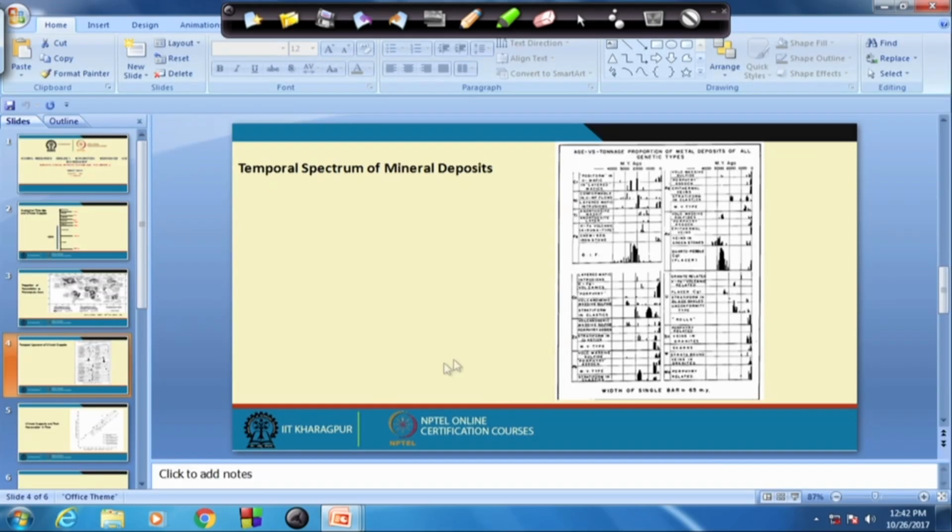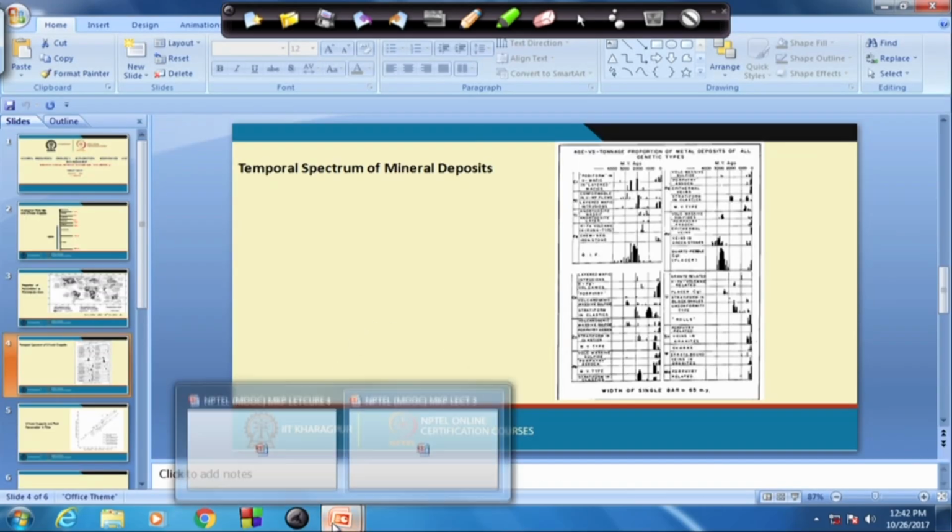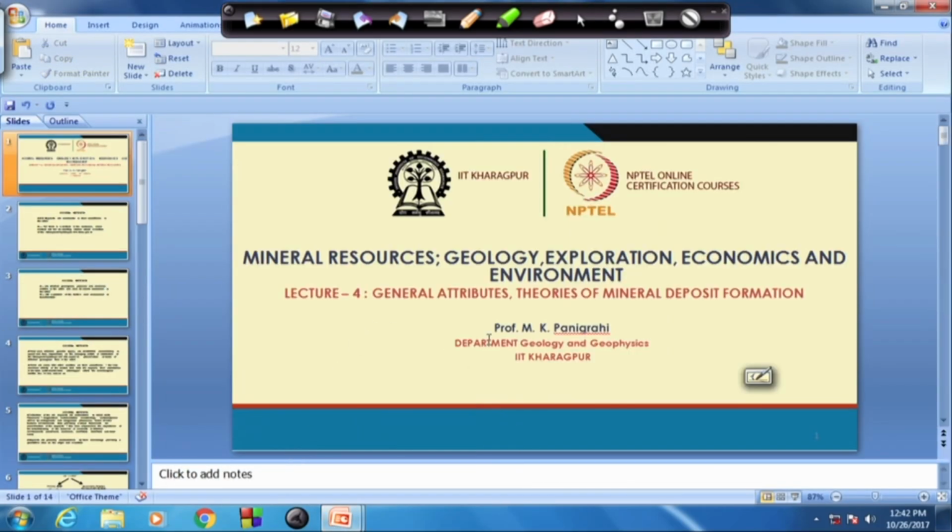So, in the present lecture we are going to discuss the attributes of the mineral deposits and try to give a general framework on what several theories of ore deposit formation are based.